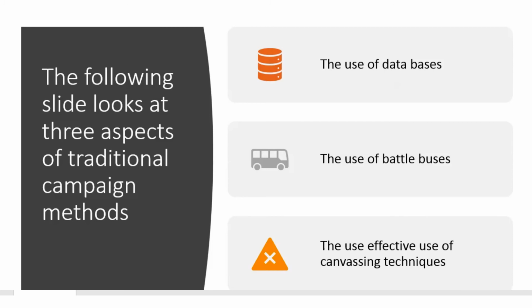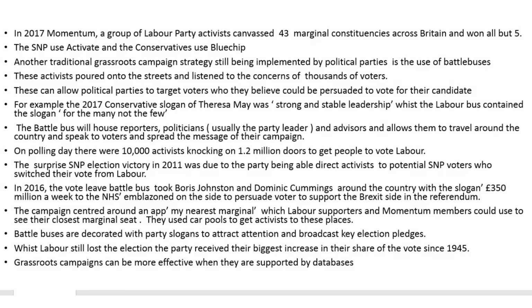So to make it a bit easier for you, what I've done is I've jumbled up a load of points here. Now all of these relate to grassroots campaign methods, and what I would like you to do is to sort them out into point, explain, example under the 3 headings, and then come up with 3 marks for each. 1 on canvassing, 1 on databases, and 1 on battle buses.